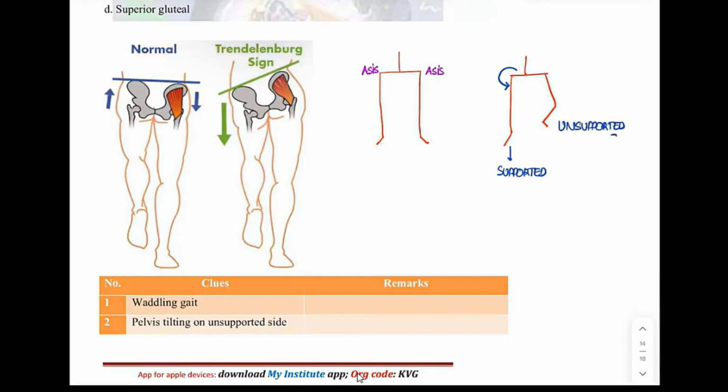It means the foot is taken off the ground, unsupported. So what is happening? The abductor mechanism of the side to which the person is bearing weight, or is standing, contracts and lifts the pelvis of the other side so that both the ASIS lie at the same level.